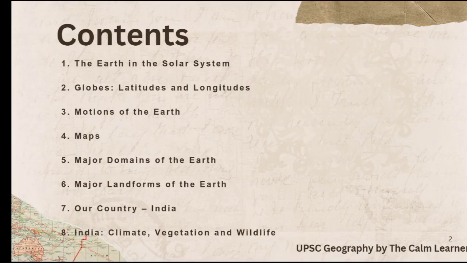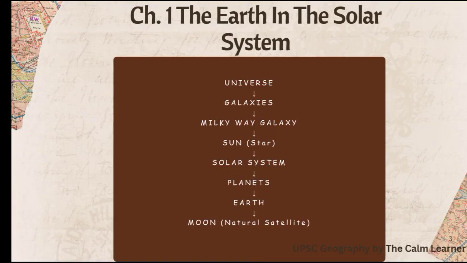So this book slowly takes us from space to the earth and then from the earth to human life. In this video, we will start with chapter 1, the earth in the solar system, which lays the foundation for all geography chapters.